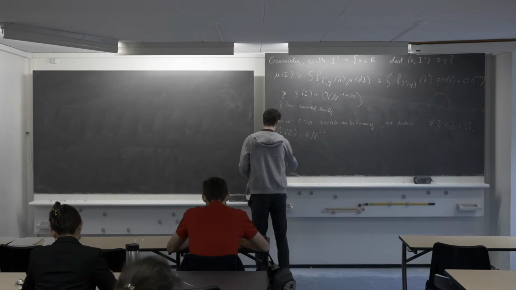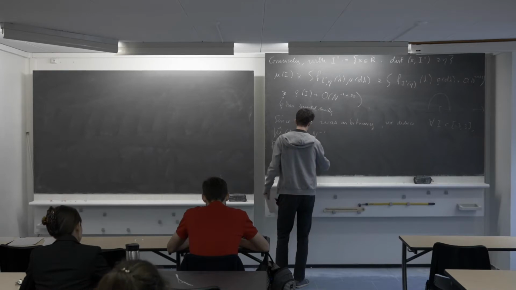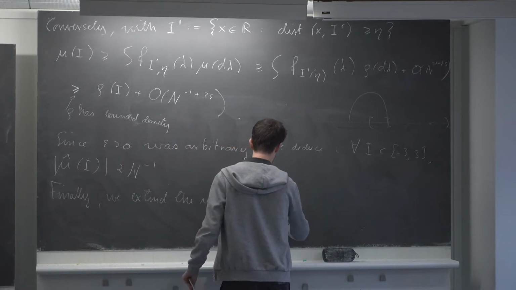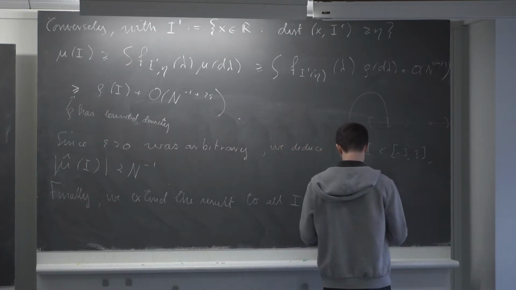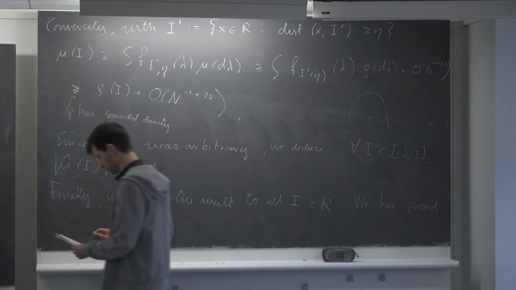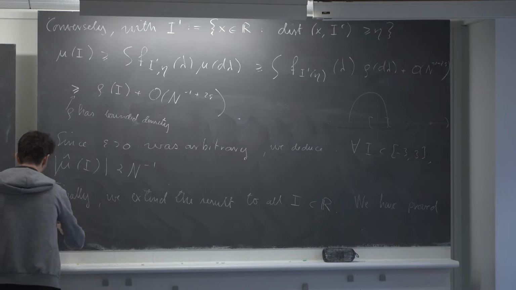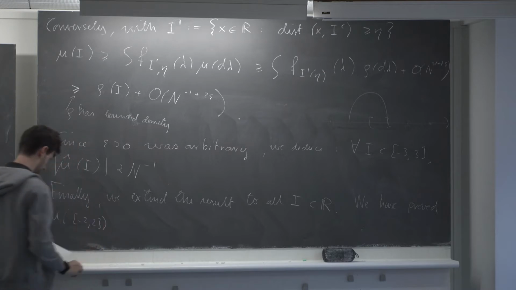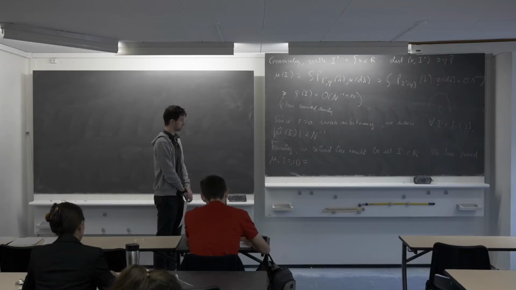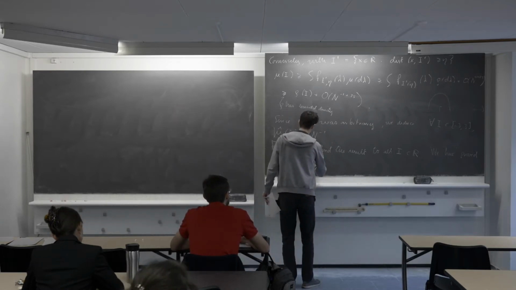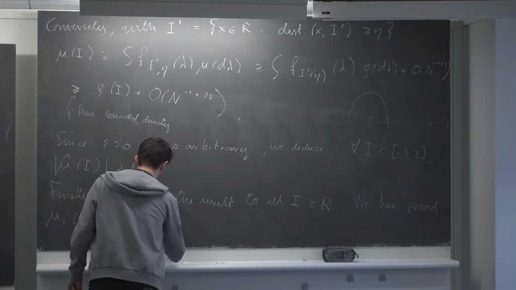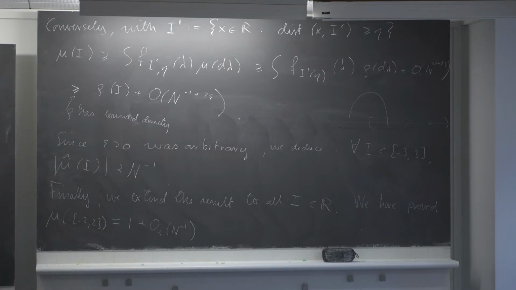And then you can put the two pieces back together again, and you will be done. So how it goes is, we extend the result to all intervals I. So we have proved that mu of the full interval minus 2, 2 is equal to 1, the integral of rho, plus an error term of order n to the minus 1, right?